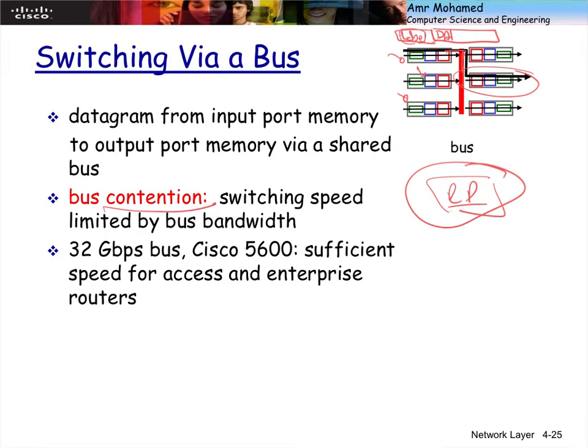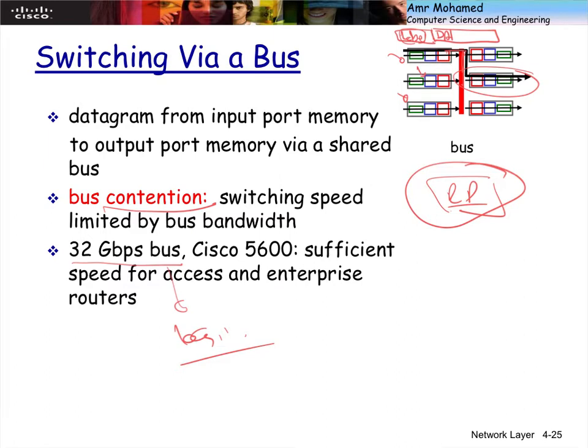So as you can see here, the switching speed is a 32 gigabit per second bus. Does that mean that the line speed is 32? No. Because as we said, the switching speed has to be much faster than the line speed. So this 32 maybe will not get you more than 10 gigabit per second at the maximum.